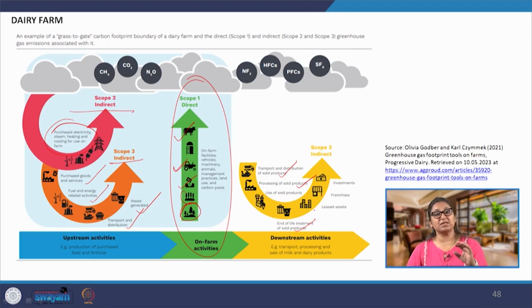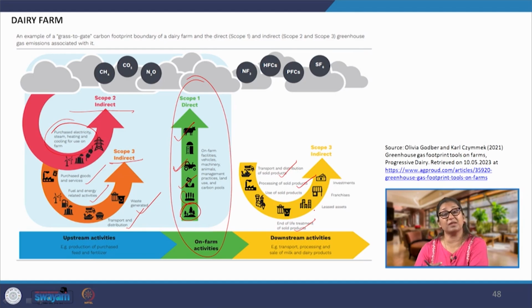Now, a lot of companies might not have a policy where they are talking about end of life treatment of the products. There it will not be within the scope 3 GHG emissions, but wherever they are taking care of it will be part of their emission calculation.